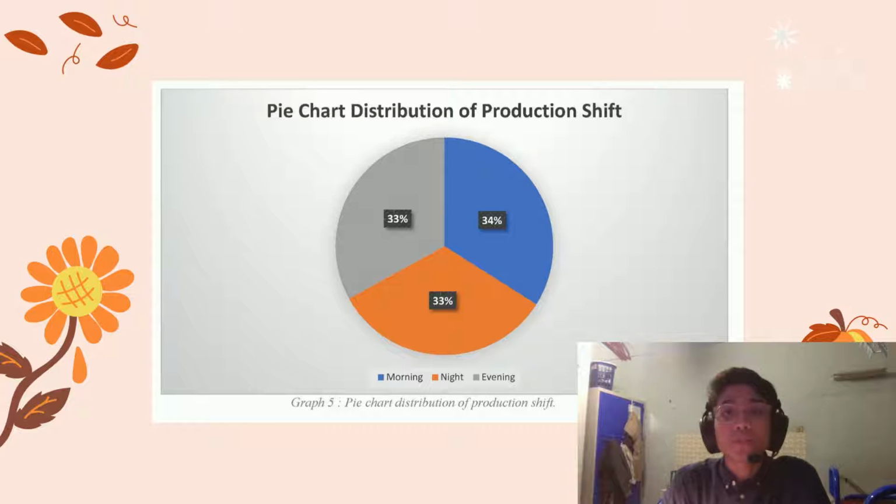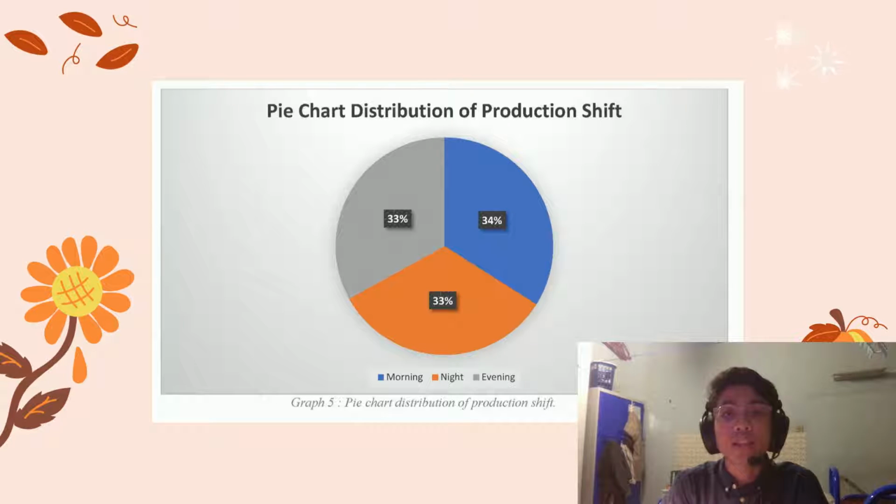Graph 5 illustrates the pie chart distribution of production shift. As you can see, the largest percentage of production shift is held by the morning shift, which is 34%, followed by the night and evening shifts, which share the same percentage of 33%.